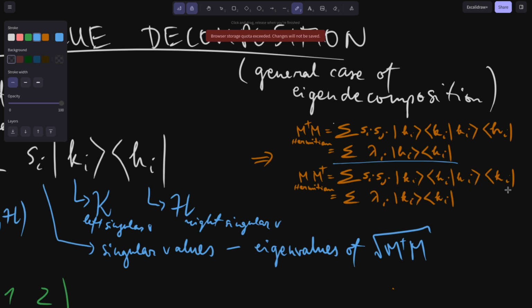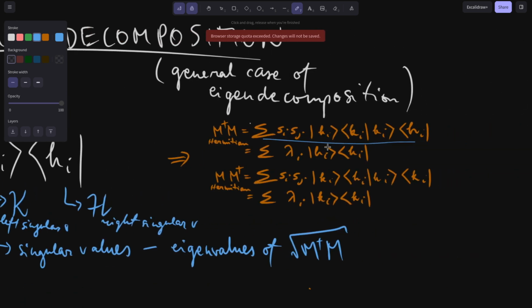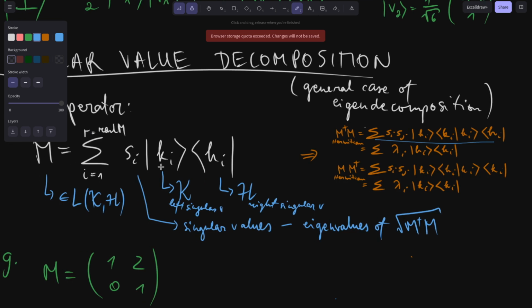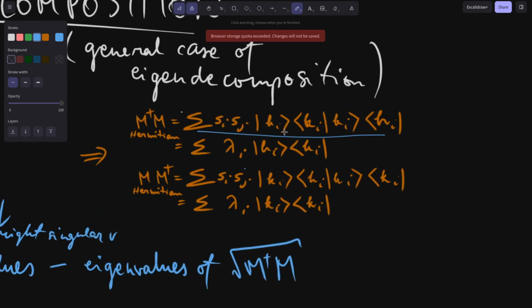We can write it, sorry, I mixed up. By our definition from here, we can expand, right? Expanding one, expanding another. And this is the explanation why it's K here and H here. Because from one expansion and another expansion, the K's cancel out.